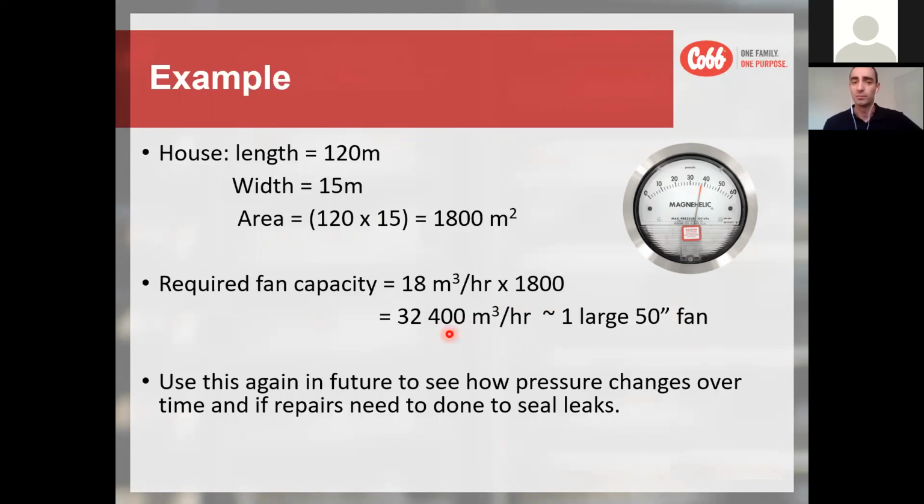So that means we need to put on a fan capacity of 32,400 meters cubed per hour, and that's roughly one of your big tunnel fans. And then you can use it again and again in the future to see how the pressure changes over time, and if repairs are needed, or if you need to seal up any more leaks or cracks that have come about over time.